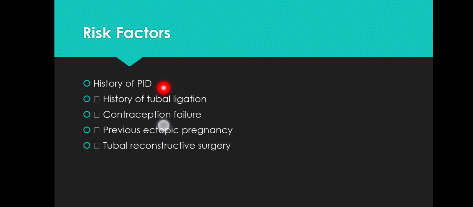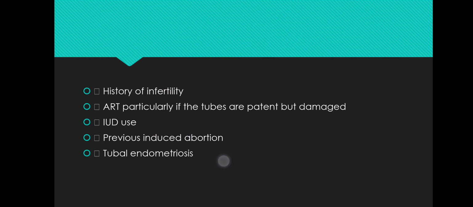So history of PID is a risk factor. History of tubal ligation is a risk factor. History of contraception failure is a risk factor. Previous ectopic pregnancy is a risk factor. Tubal reconstructive surgery is a risk factor for developing ectopic pregnancy. Then history of infertility.